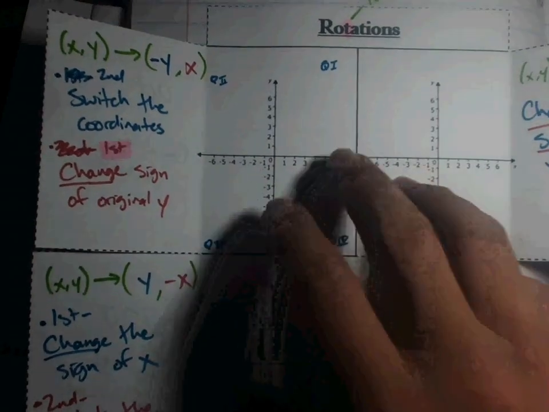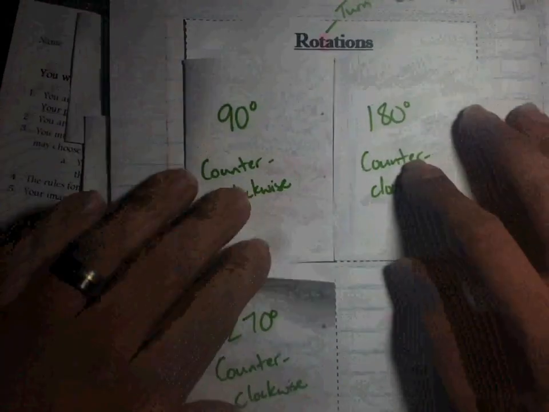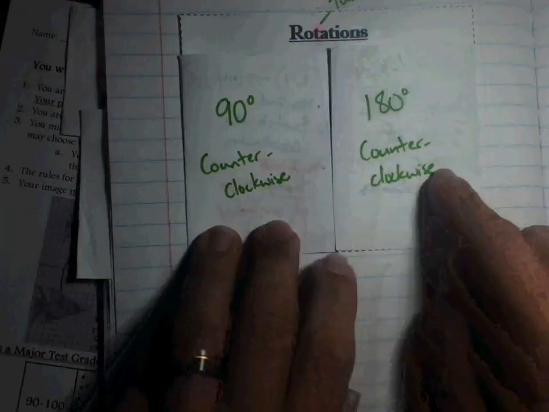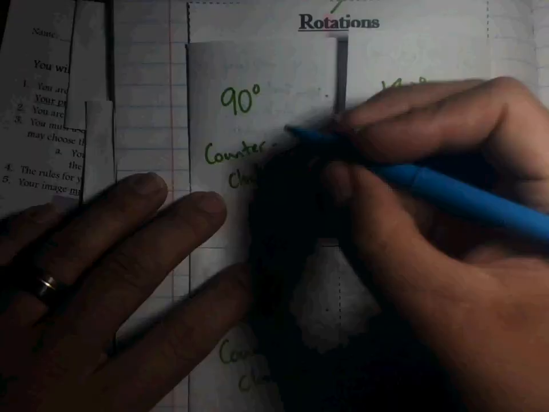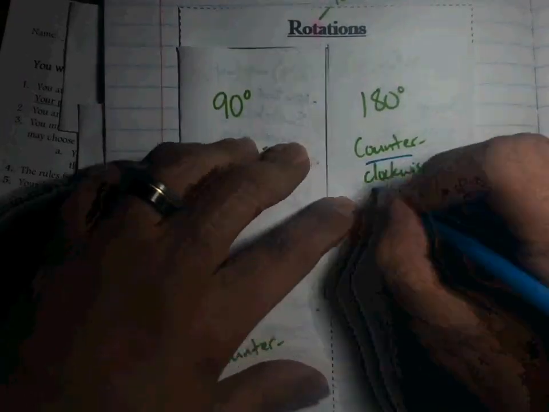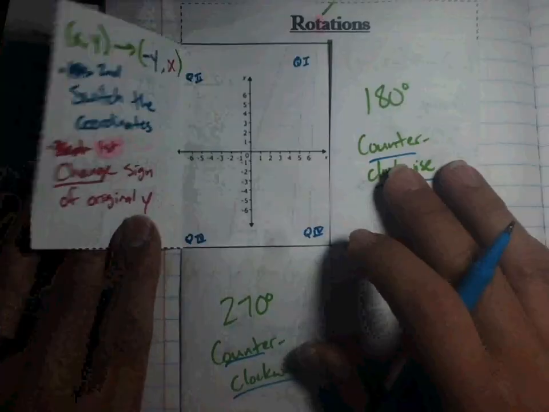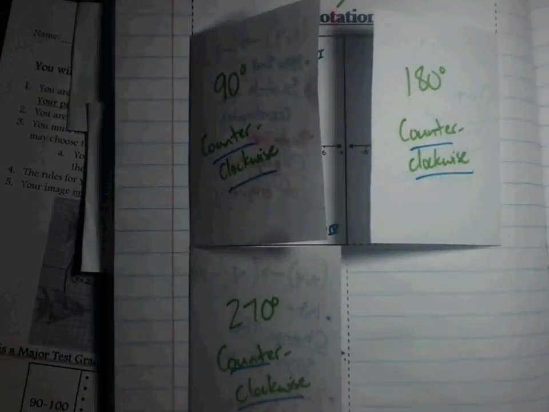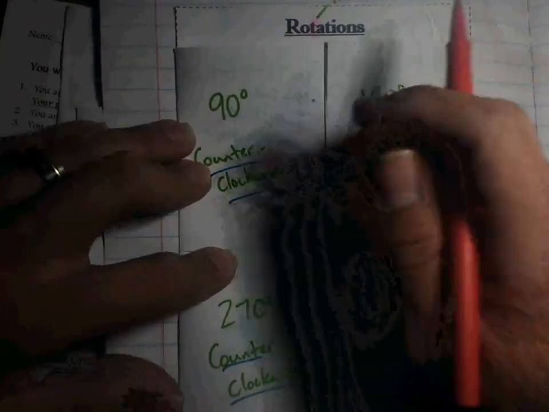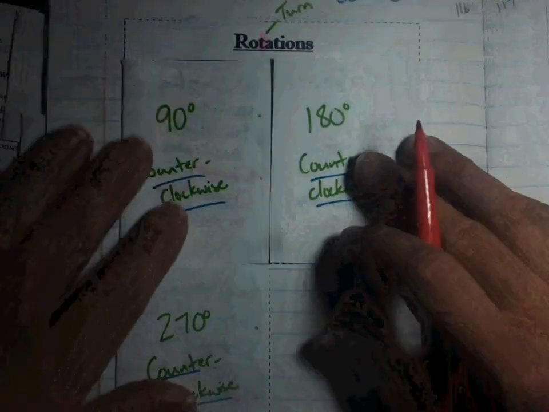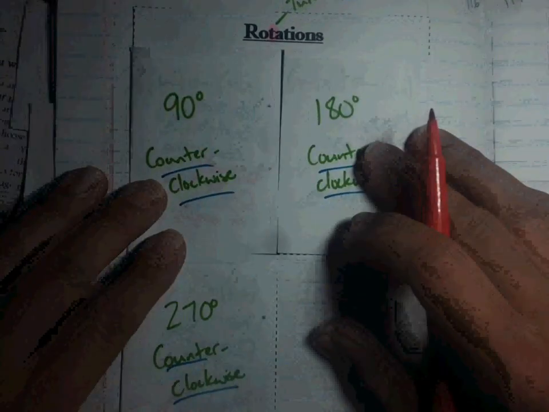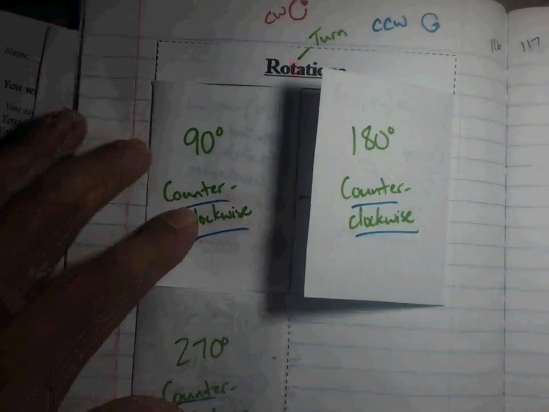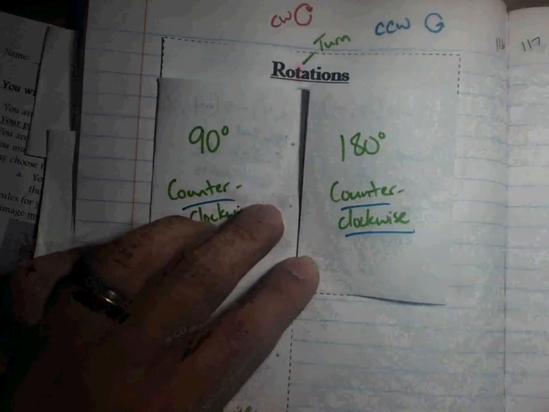The last thing I want to point out, just real quick, is that these are all counterclockwise rotations, as you can see, counterclockwise, counterclockwise, which is why we did all this, because it's a little bit easier. We talked about that. But also, you can technically, if you turn something 90 degrees one way, so now it's sideways, go back to the original position.